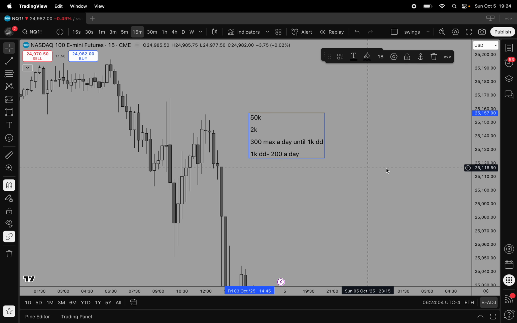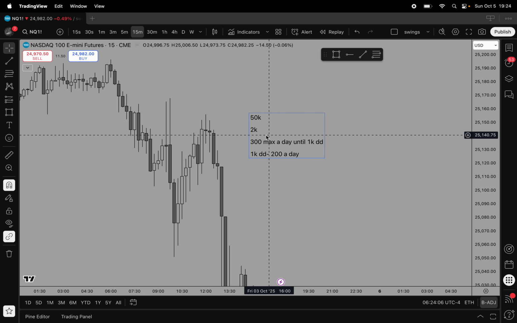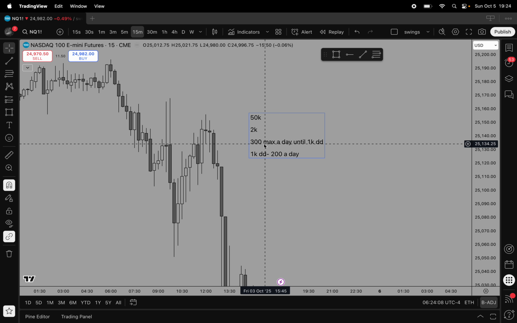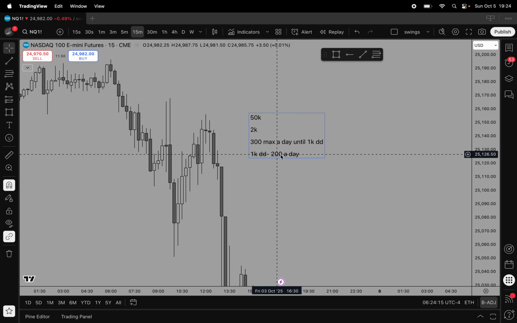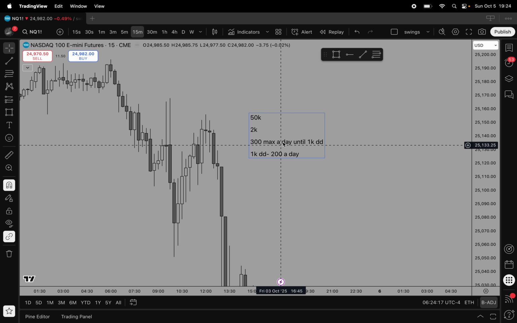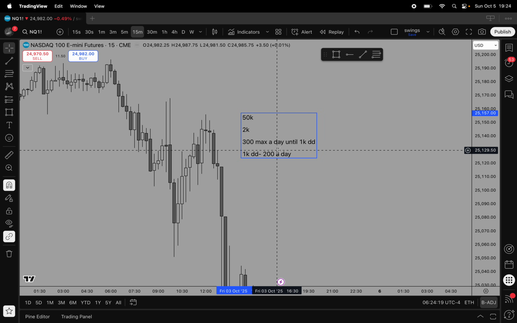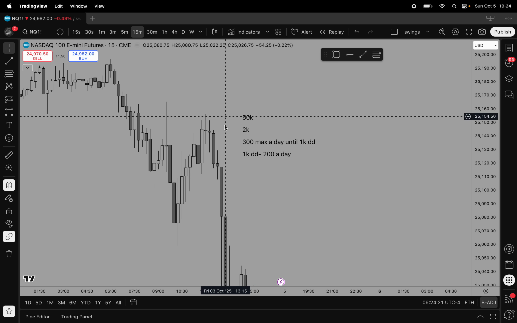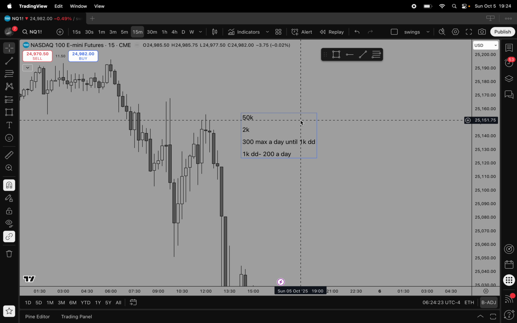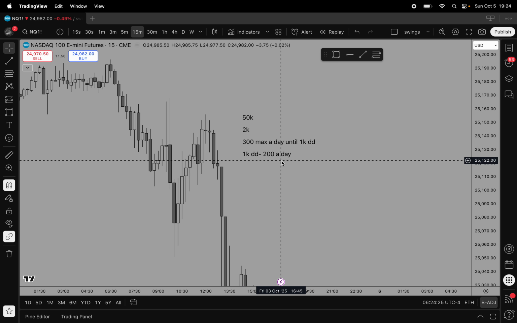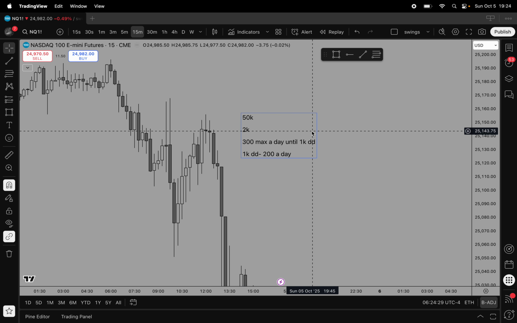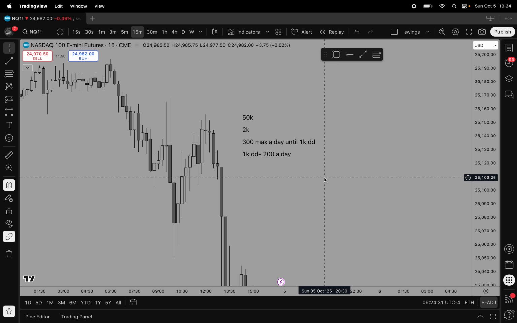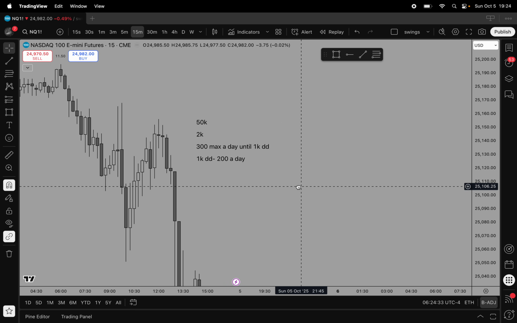Okay, that's more or less going to give you around 3 trades until you hit 1K drawdown, and then this is going to give you another 10 trades, maybe not trading days but trades in general. So overall, this is a good risk management plan. If you lose 13 trades in a row, then you're probably not doing something very good, right?